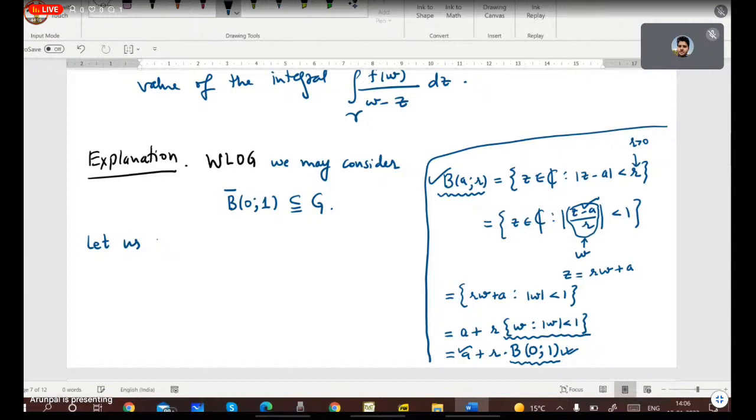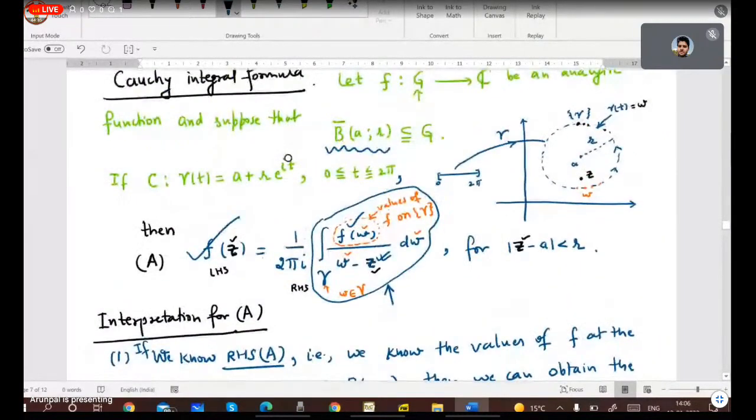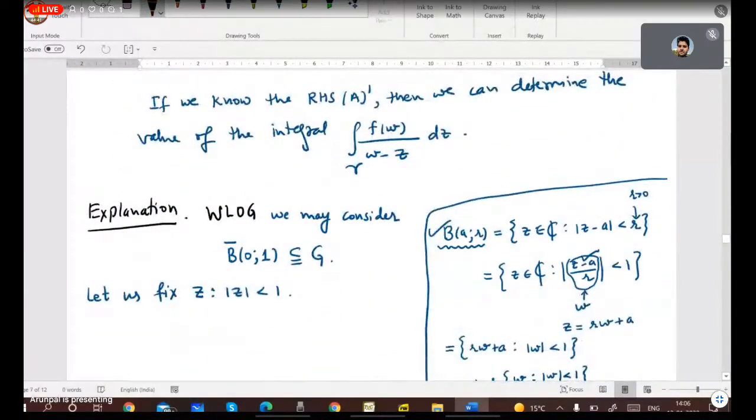Yes, sir. So now let us fix some Z. If you wish, you can call it Z naught, such that mod Z is less than 1. It means, class, we are taking some fixed point inside this circle, which is, for example, this. So let me denote it by black. I am taking some Z, and once chosen, it is fixed. This Z is inside this ball, if you notice. Is this okay, class?